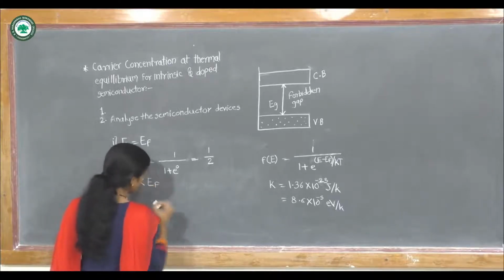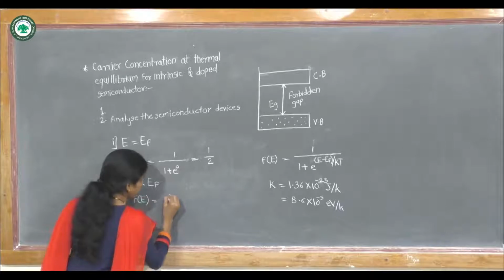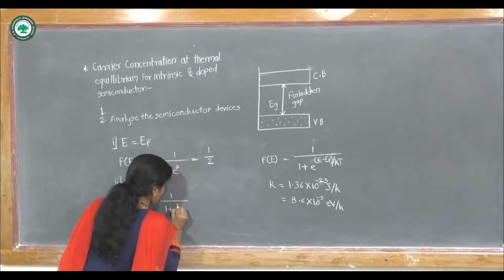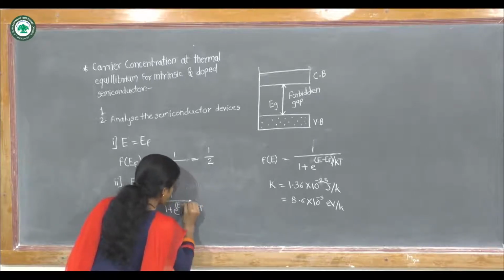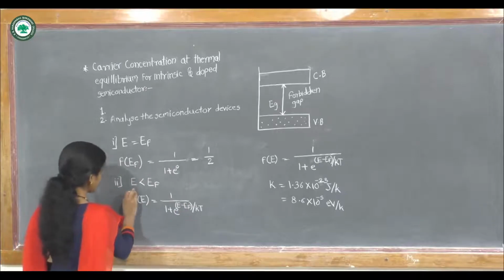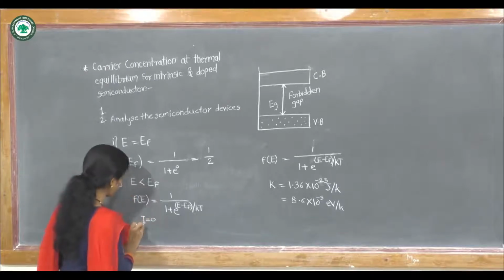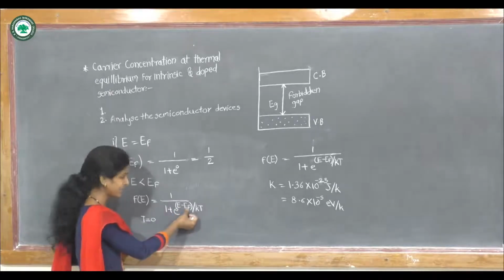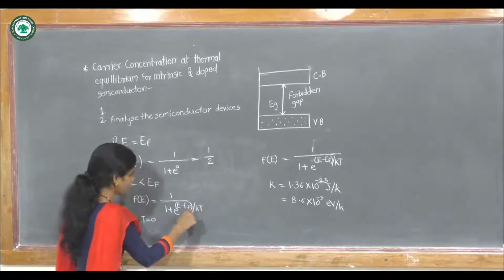As we know, the Fermi distribution function is given by f of E is equal to 1 upon 1 plus e raised to (E minus EF) upon KT, and by taking E less than EF as well as T equal to 0, this E minus EF becomes negative, and at T equal to 0, this KT becomes 0.